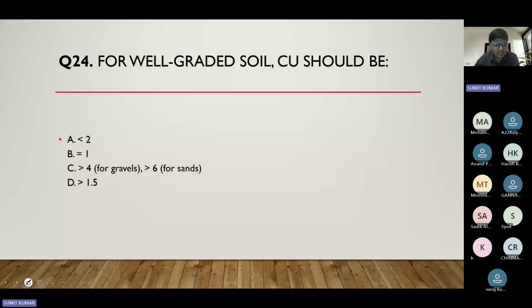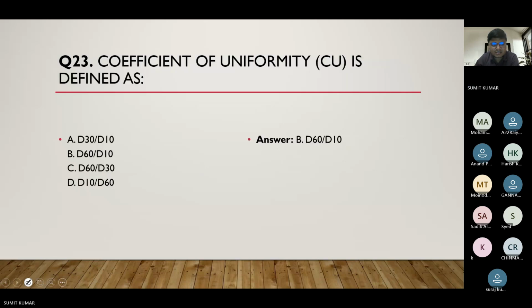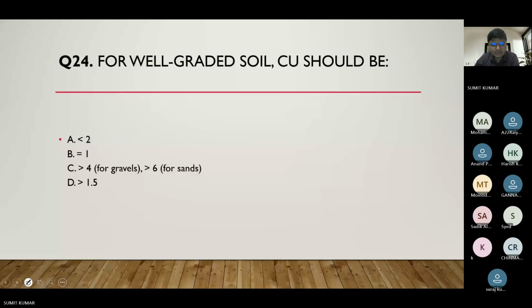I think there are wrong options and a wrong answer here. Okay, CC lies between 1 to 3. CU is greater than 4 for gravel, greater than 6 for sand. Right. No problem.